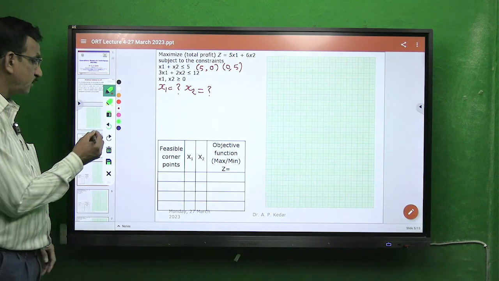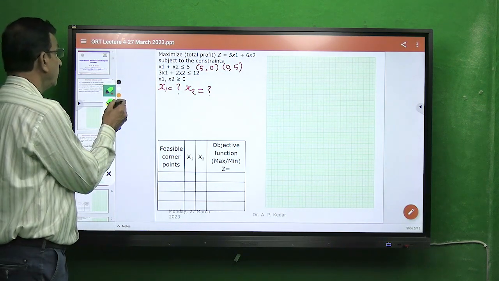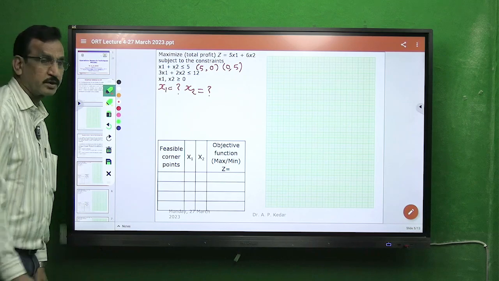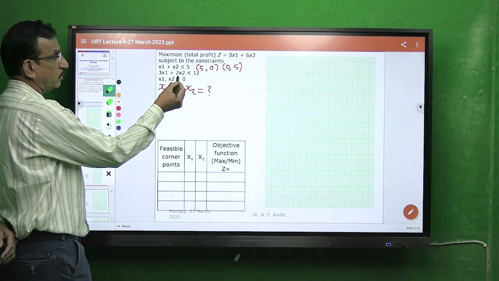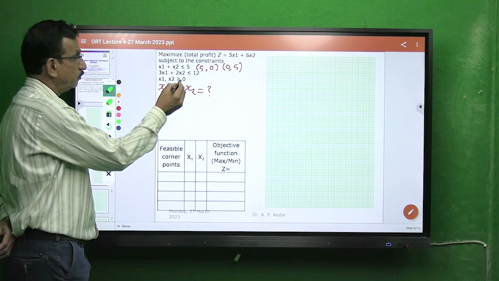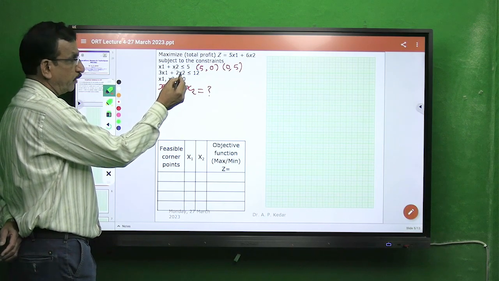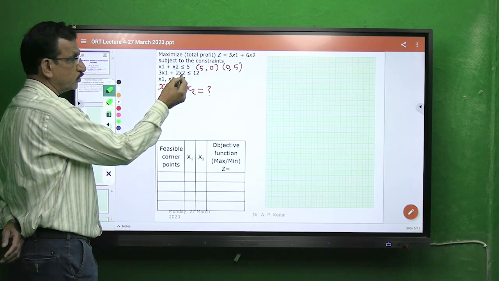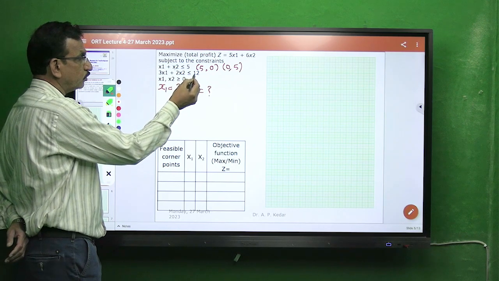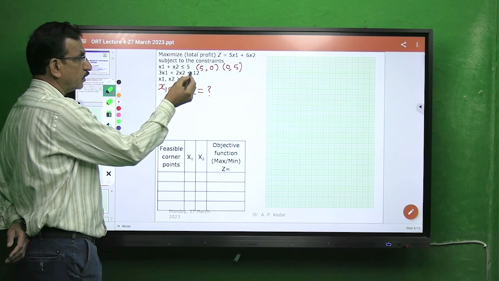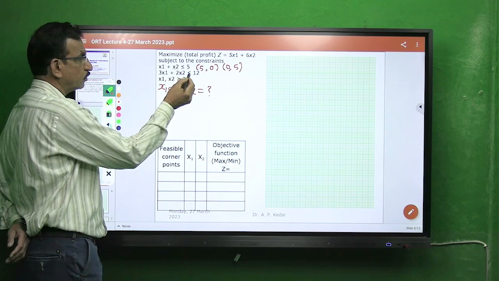Similarly, we'll see now how to get coordinates for the second line. Going in the same fashion, listen here, put x2 equal to 0. If I put x2 equal to 0, 2x2 is 0. Therefore 3x1 is equal to 12 and x1 is equal to 4.